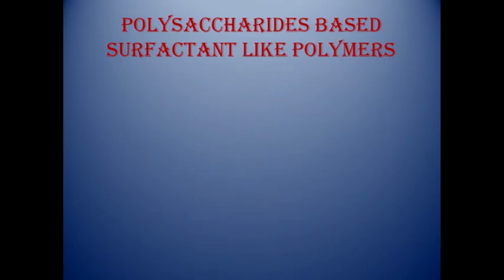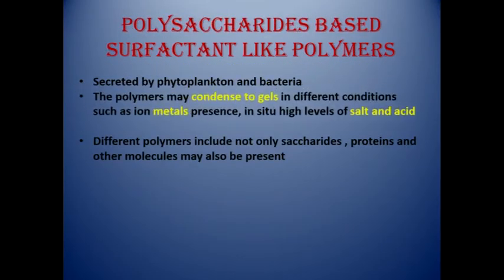Some words about polysaccharides. First of all, they are secreted by phytoplankton and bacteria. It's a well-known fact. But the first thing that happens, they are secreted as a chain. And from then on, they entangle one another. They make a mishmash. But then they can create a gel form also.